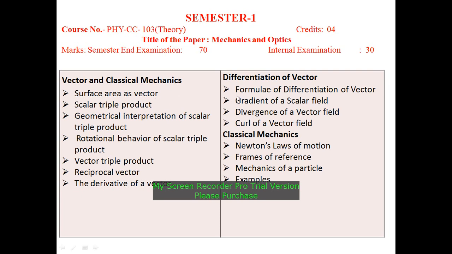In our previous syllabus we were not including divergence and curl in semester 1, but this is a new concept for your study. So the first one is formulas of differentiation of vector. All these topics explain the differentiation of vector, actually: gradient of a scalar field, divergence of vector field, and curl of vector field.